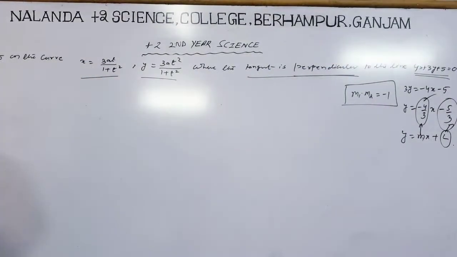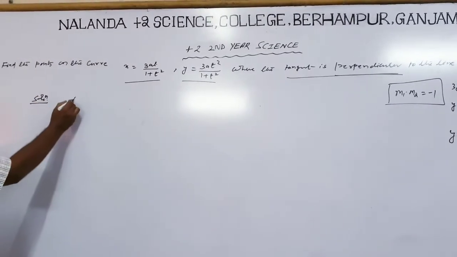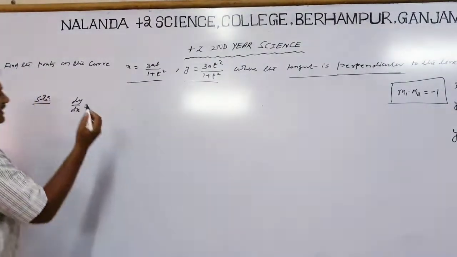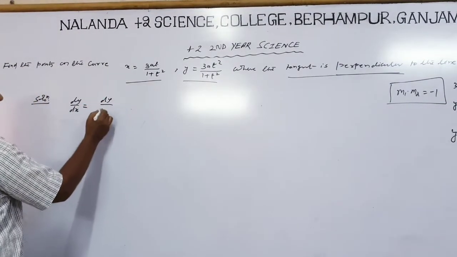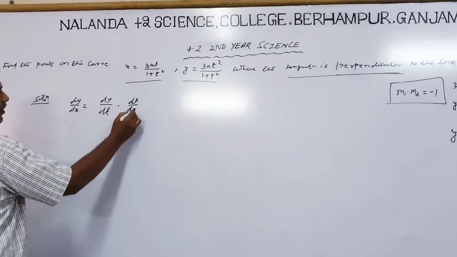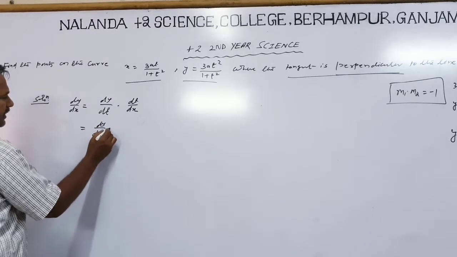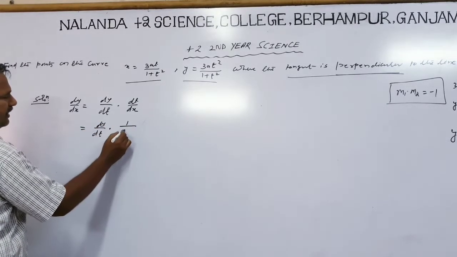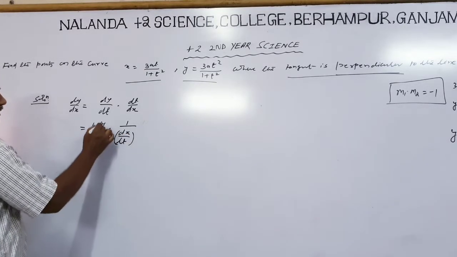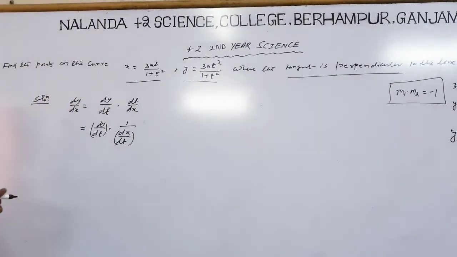So this is a parametric form. The solution is, now dy by dx equal to, this is a parametric form, use the chain rule: dy by dt into dt by dx, or you can write dy by dt into 1 by dx by dt. Okay. Now from y, find out dy by dt.